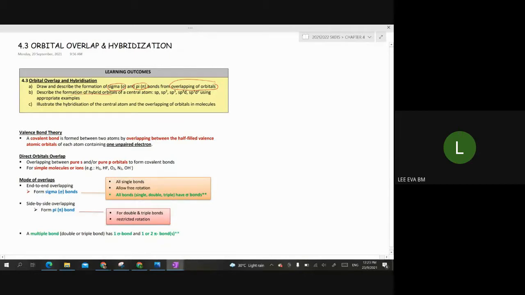Don't worry, Madam will show you. And then illustrate hybridizations of the central atom and the overlapping of the molecule. So dekat sini kita ada banyak lukisan. Satu soalan, satu muka surat. One question, one page.